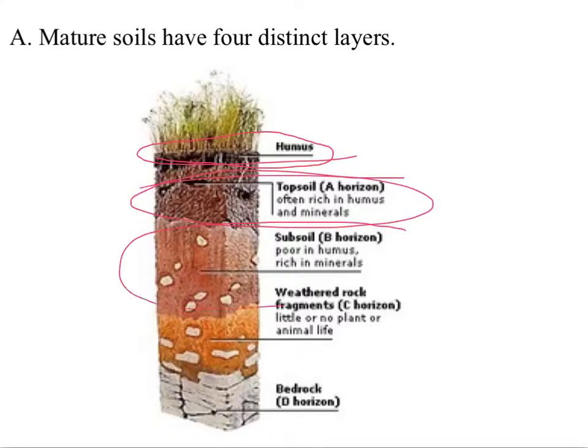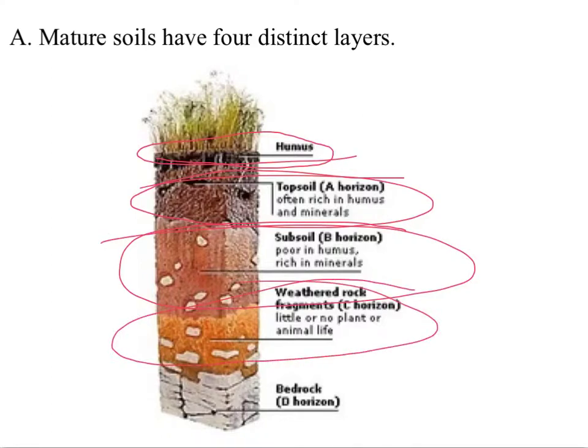Below that, your subsoil, and your weathered rock down here. Those are your 4 layers of soil. Other people will break this down into more layers with sublayers, but this is a good start for us. And on the bottom, this is just pure rock, the bedrock. That doesn't really count as soil, but it is a layer down at the very bottom of everything.